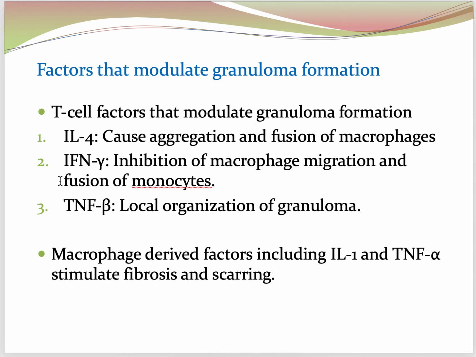These factors perform different works. Interleukin 4 causes aggregation and fusion of macrophages. Interferon gamma causes inhibition of macrophage migration and fusion of monocytes. And interferon beta causes local organization of granuloma.